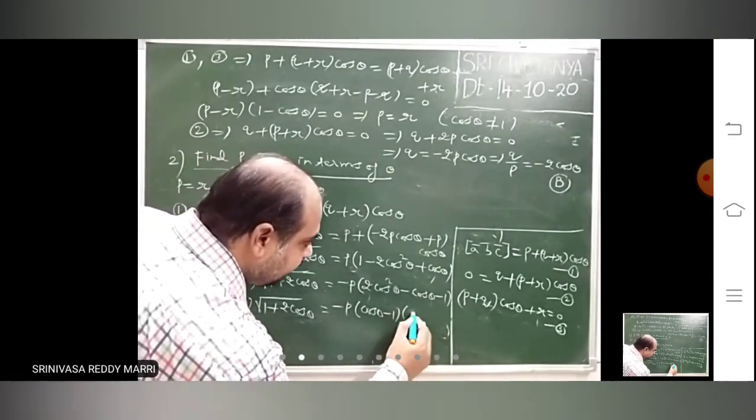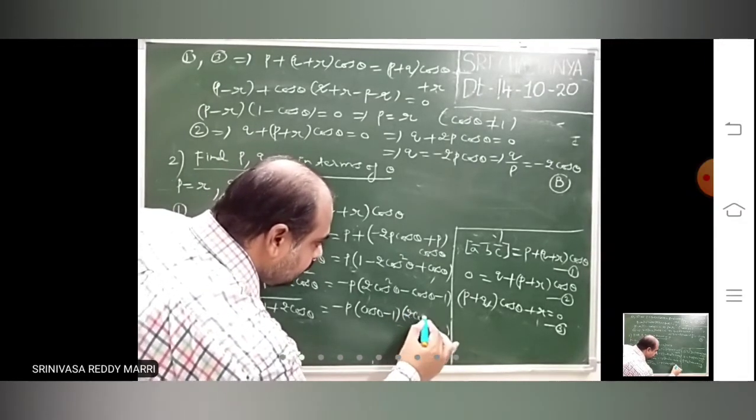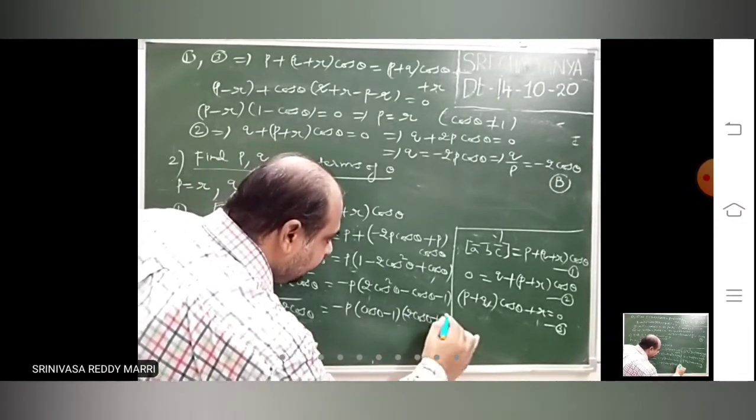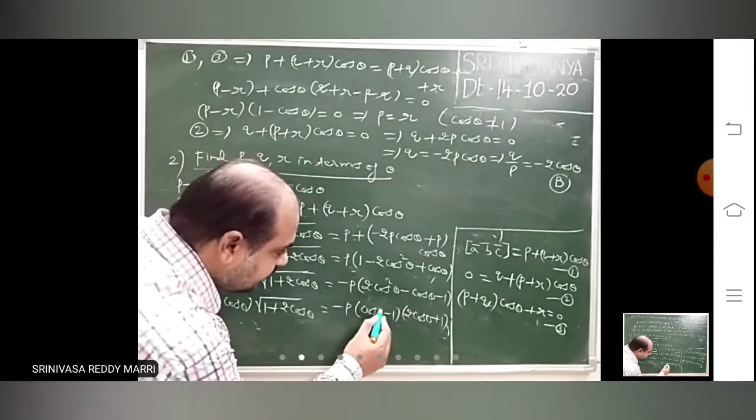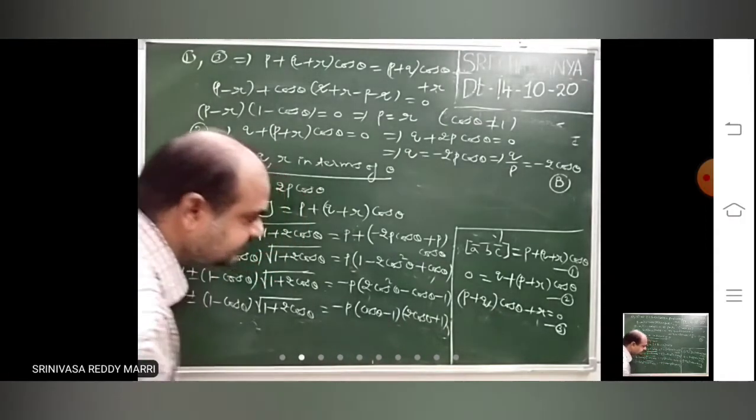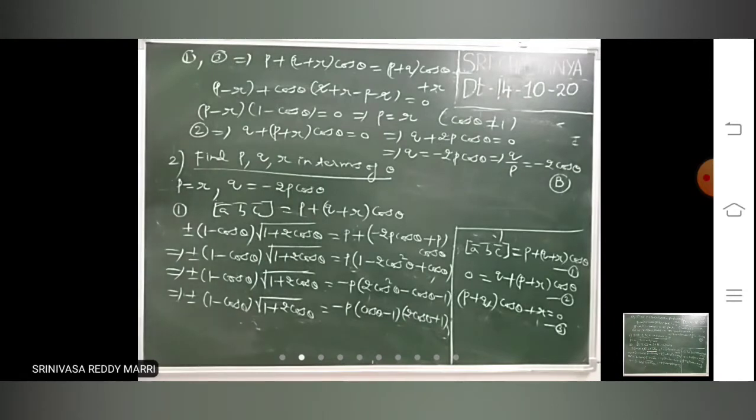Cos theta minus 1. While finding the determinant, I have factorized that. What you will get? Cos theta minus 1 into 2 cos theta plus 1. That implies plus or minus.